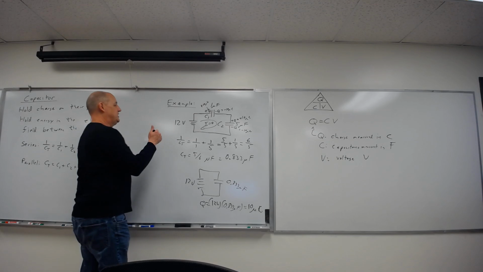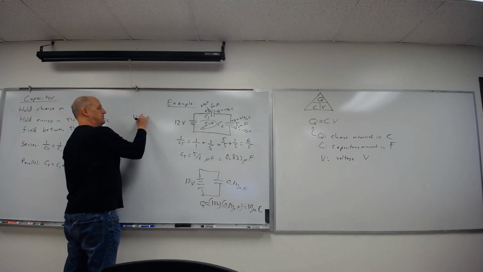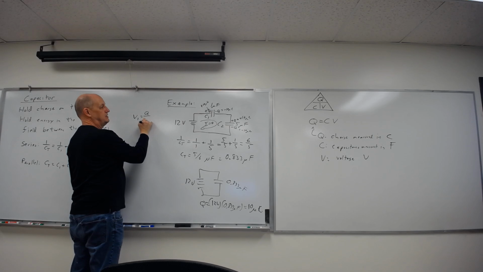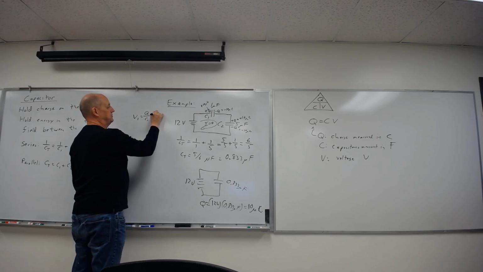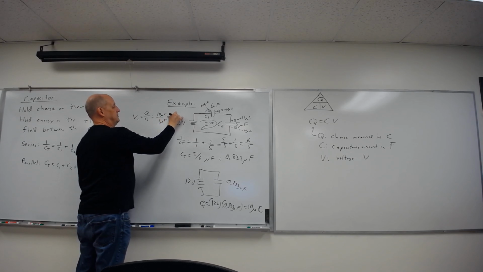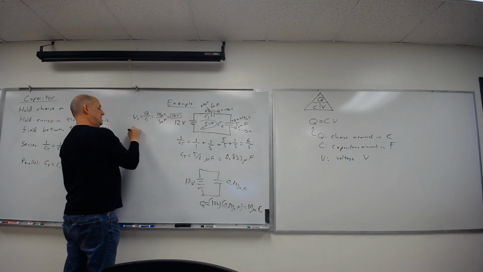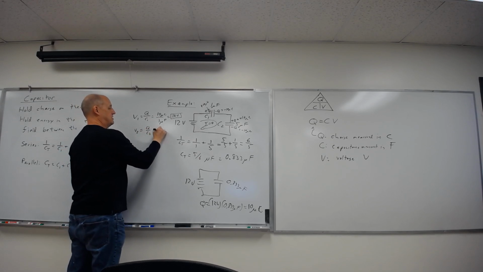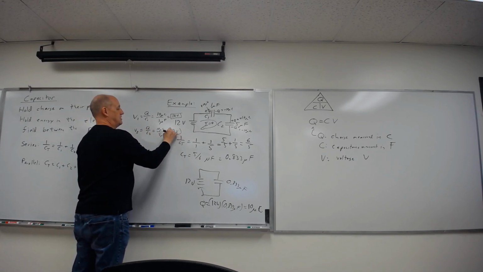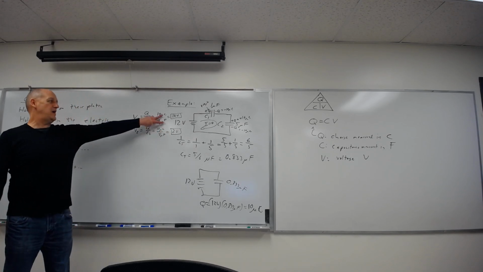So voltage across capacitor 1 is the charge over capacitor 1, which is 10 microcoulombs over 1 microfarad, is 10 volts. And across 2, and yes, they do add to 12 volts.